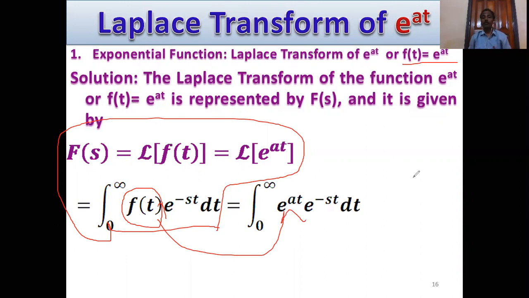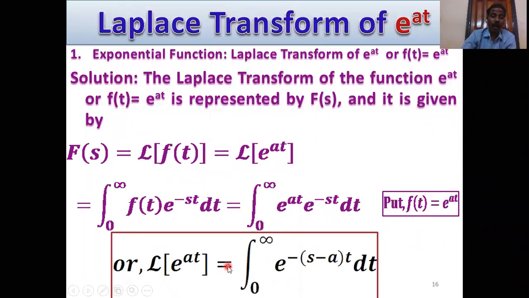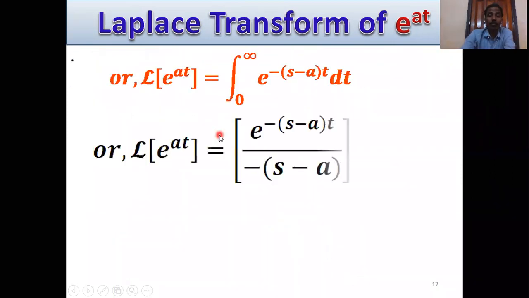So f of t equals e to the power at, and applying the Laplace transform formula, the Laplace transform of e to the power at equals the integral from 0 to infinity of e to the power at times e to the power minus st dt, which combines to e to the power minus (s minus a) t dt. And this is equivalent to the integration of e to the power minus (s minus a) t, which is e to the power minus (s minus a) t divided by minus (s minus a).